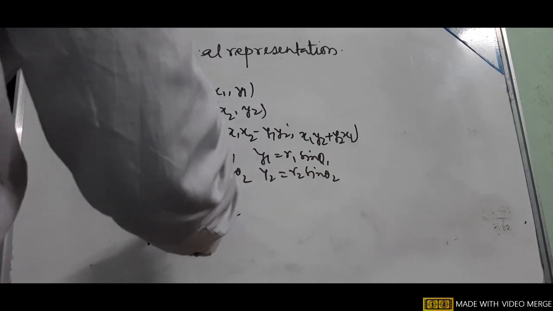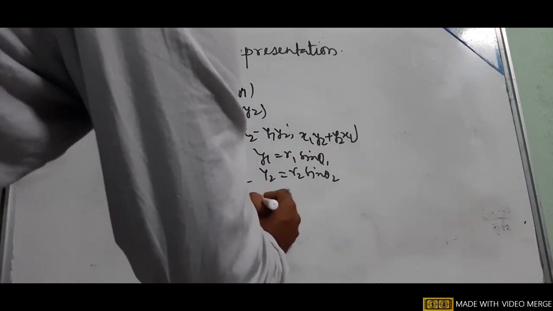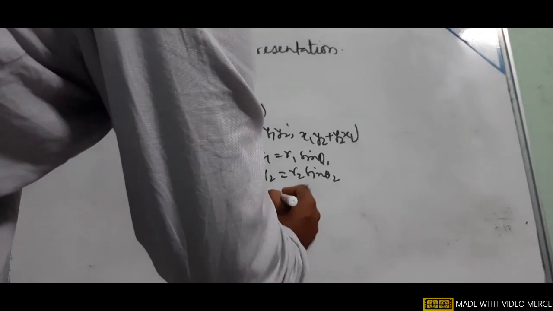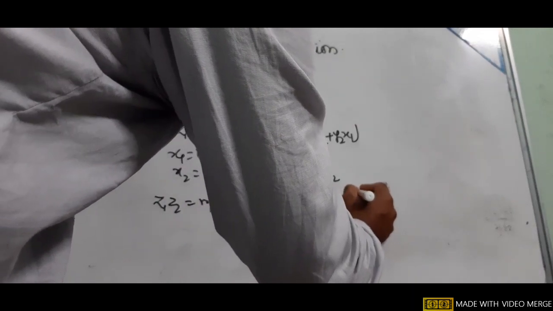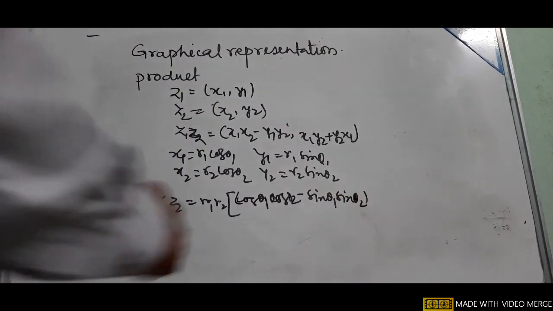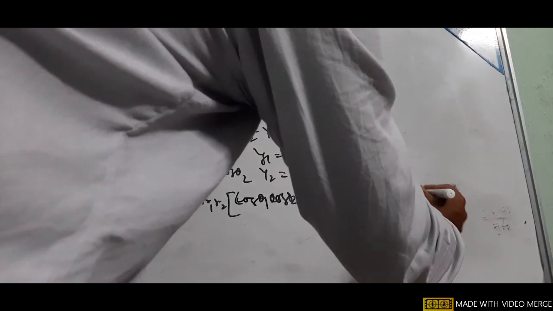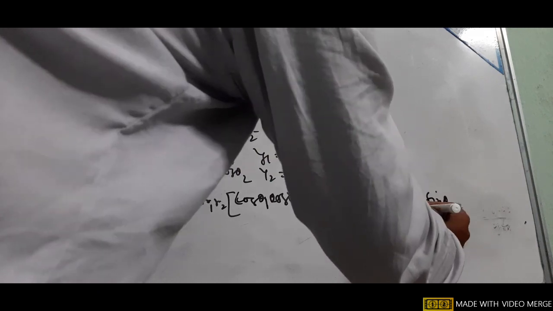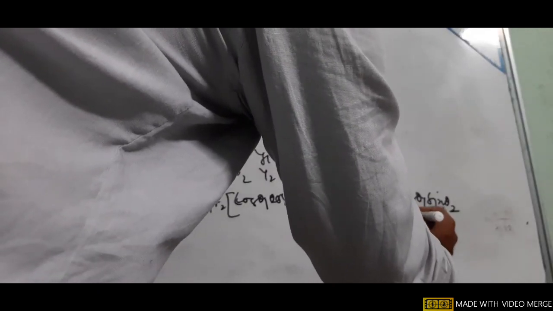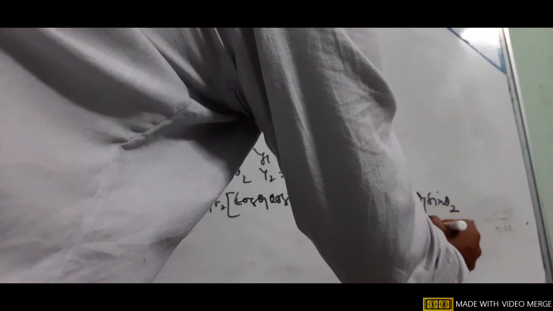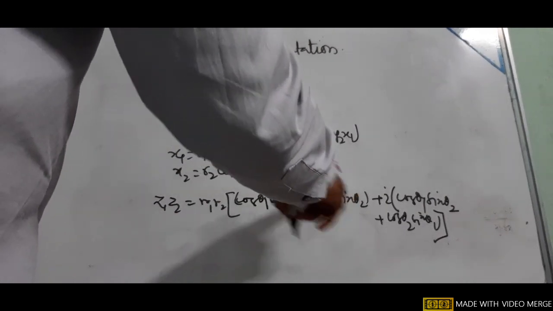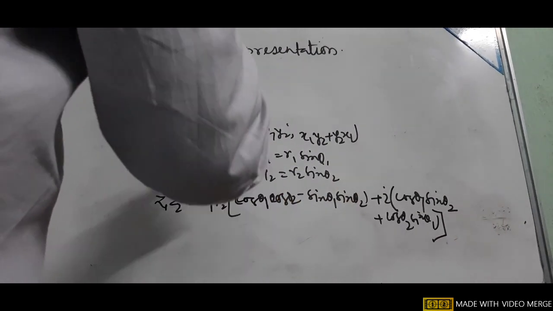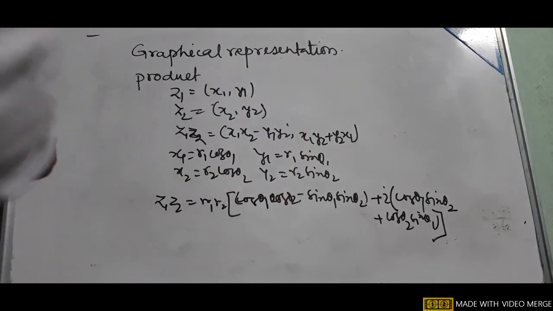If you multiply it, it becomes cos theta 1 cos theta 2 minus sin theta 1 sin theta 2, plus i times (cos theta 1 sin theta 2 plus cos theta 2 sin theta 1). So z1 z2 will be like this if you put the x1, x2 and y1, y2 values.